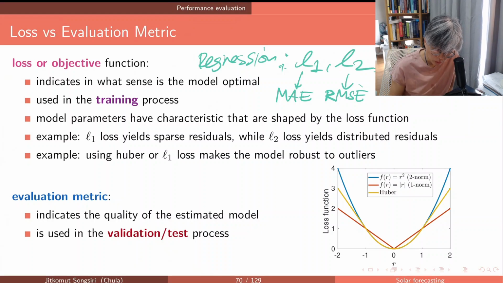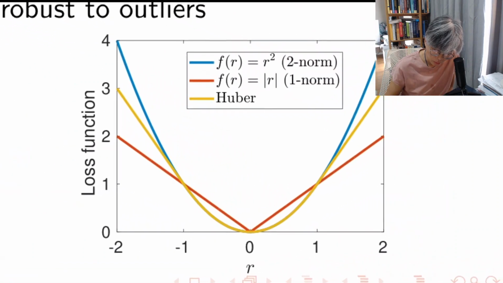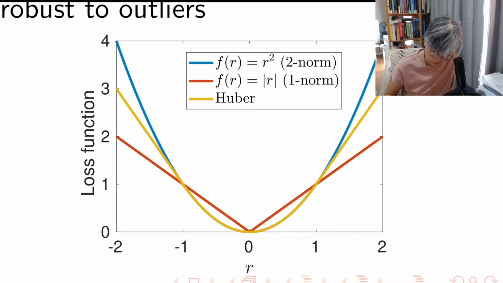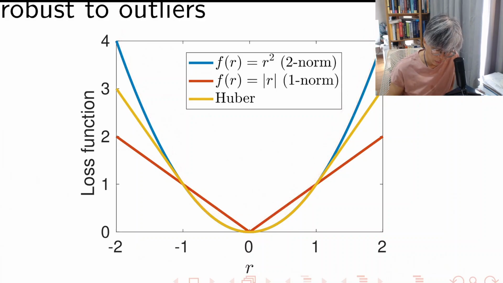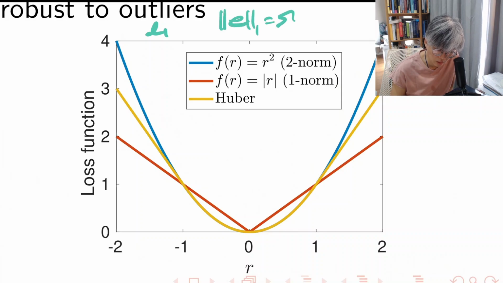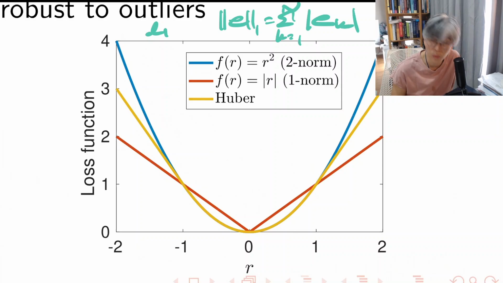When you consider different loss functions and make a plot, the example in this graph is obviously the 2 norm, the blue line. This is the parabola curve, the square function. The 1 norm of the error is the sum of absolute values, k from 1 to n.